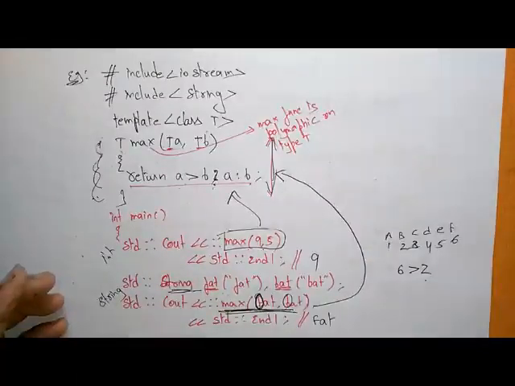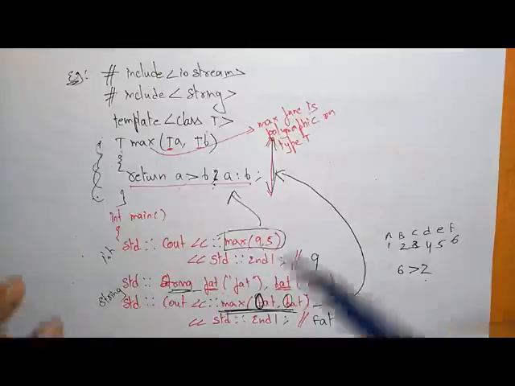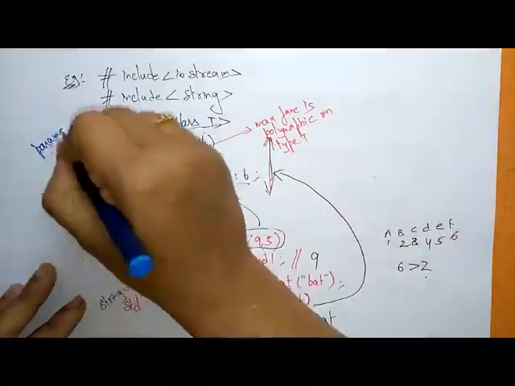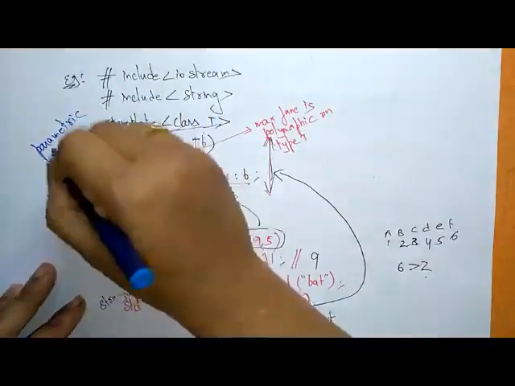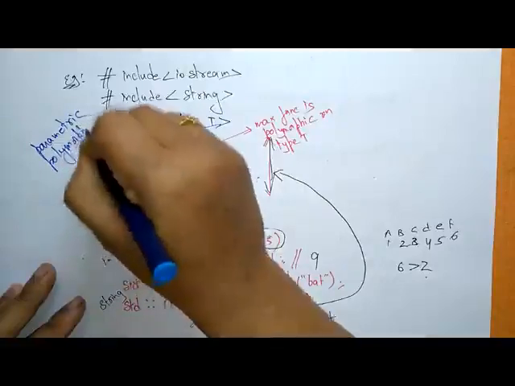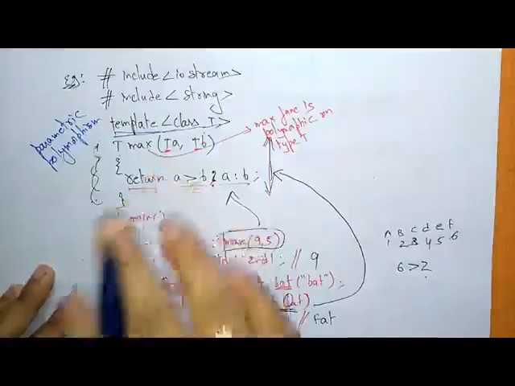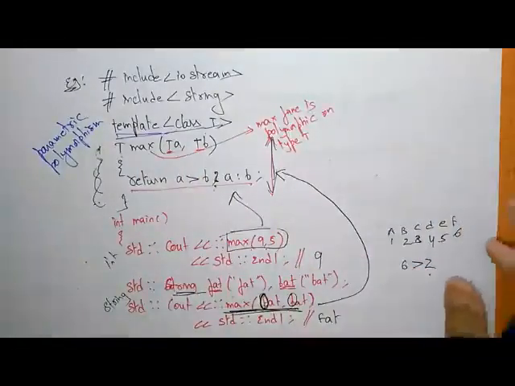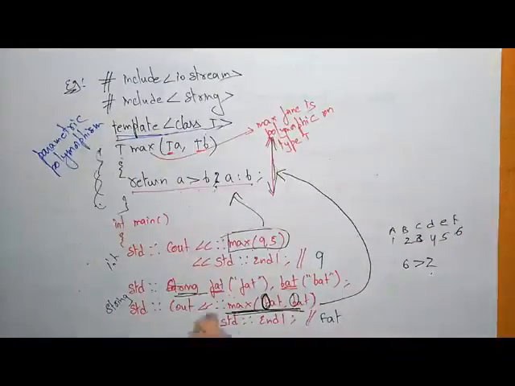So whatever code you have written, you can use for any type. So in C++, parametric polymorphism is implemented via templates. Only with the help of templates can we implement parametric polymorphism in C++. I hope you understand what parametric polymorphism is. Thank you.